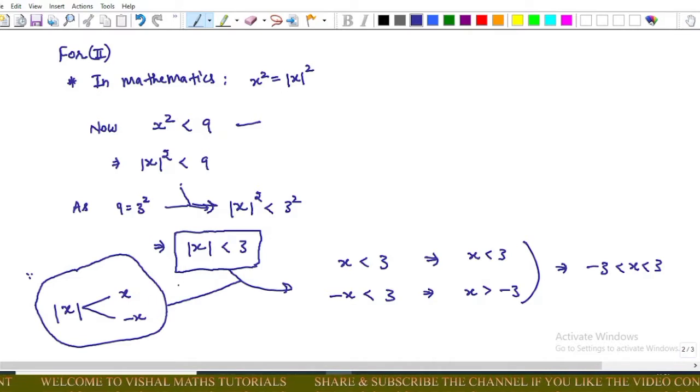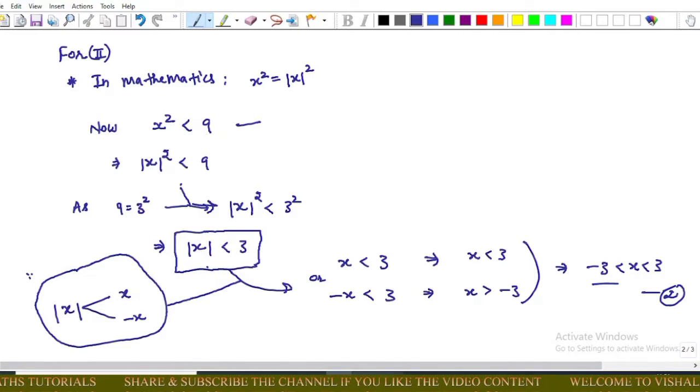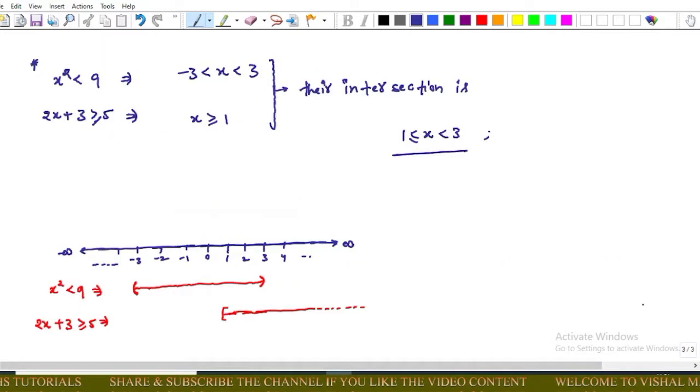Now using this, we have either x less than 3 or minus x less than 3. x less than 3 implies x less than 3, and minus x less than 3, on multiplication with minus 1, implies that x is greater than minus 3. This combined implies that minus 3 less than x less than 3. Say this inequality 2.